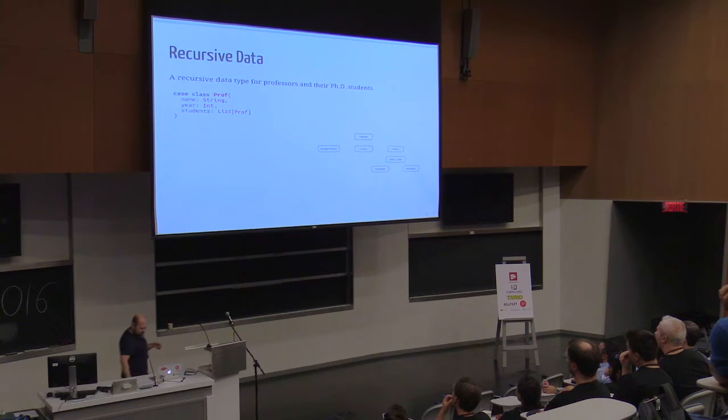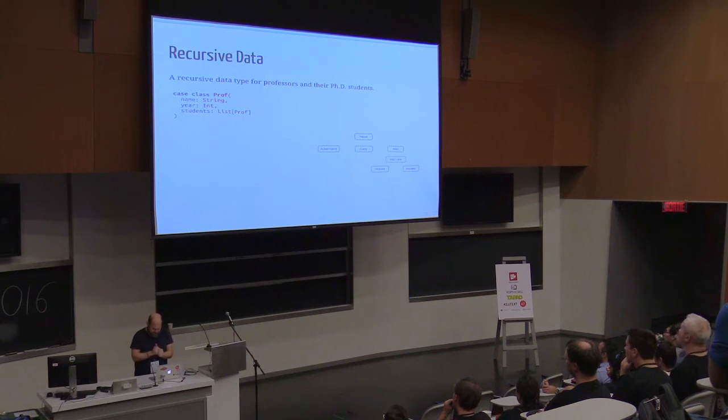And I have an example of what that structure looks like. Imagine there are lines connecting those boxes. So we have Hilbert, who has 3 students, and then Weil, who has 1, and then MacLane, who has 2, okay? So it's just a tree structure. And that's the kind of thing you could represent with this case class. Does that make sense? Okay.